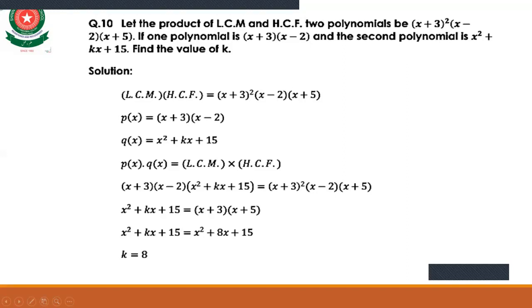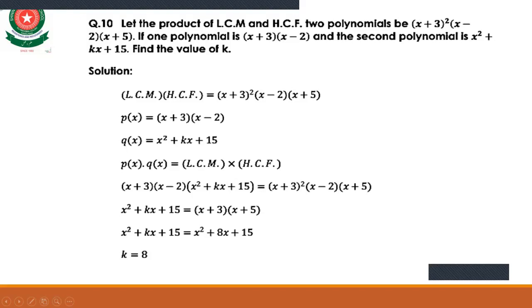By putting the values into the formula, x plus 3 x minus 2 into x square plus kx plus 15 is equal to x plus 3 whole square x minus 2 into x plus 5. See here, x minus 2 is the same on both sides, that will cut. X plus 3 and x plus 3 is the same on both sides, this will also cut. One power of x plus 3 is remaining.